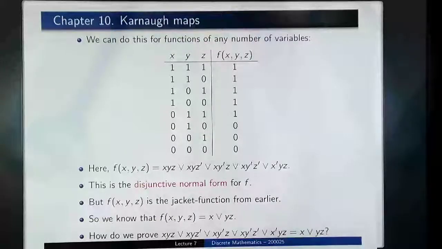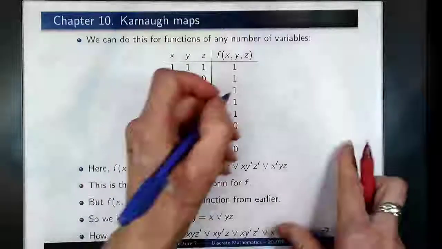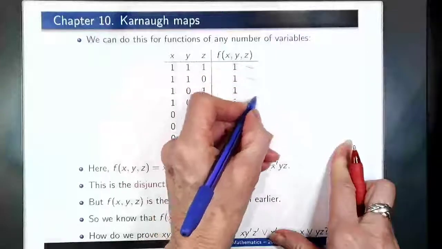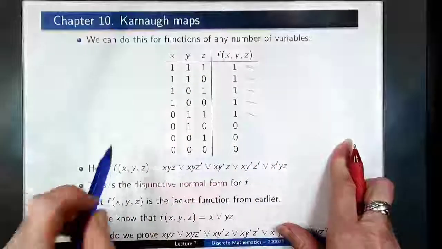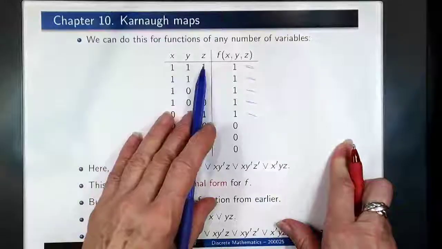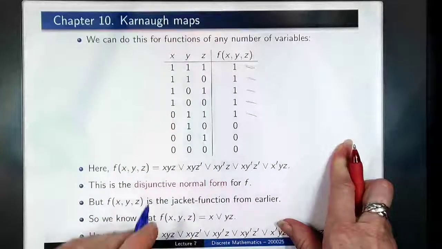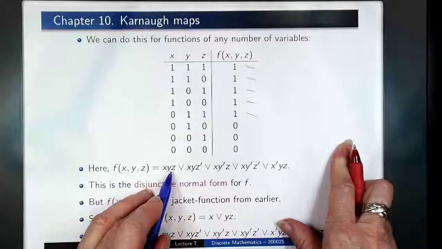There's an example. That's our jacket function. Disjunctive normal form is going to be a bit of a pain here because there are 5 rows that give you 1. We get 1 when we've got x and y and z, x, y, z. Remember that's short for x and y and z.